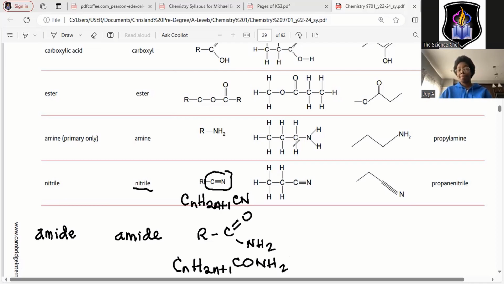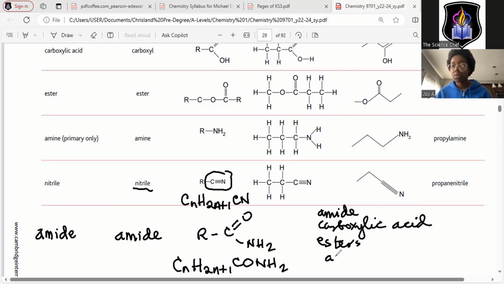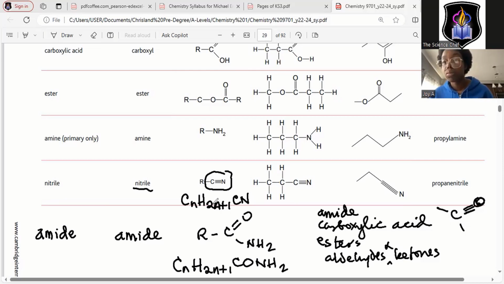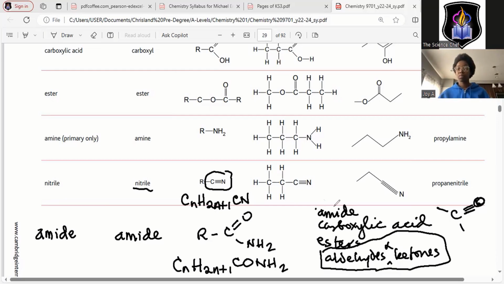So you can see that the amide, carboxylic acids, esters, aldehydes, and ketones, right? You can see that all of them here contain the what? The carbonyl group. Yes, sir. They all contain the carbonyl group. But these two are a bit different from these other ones.